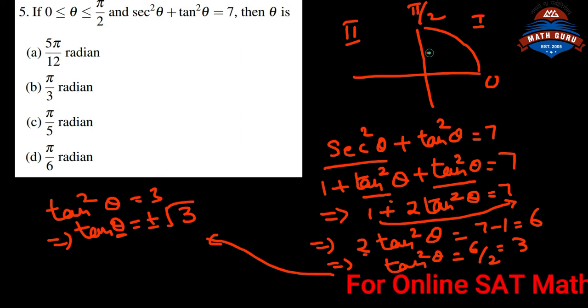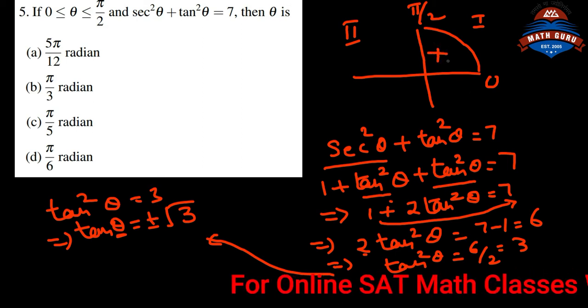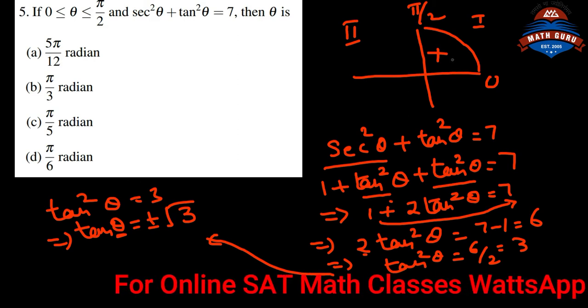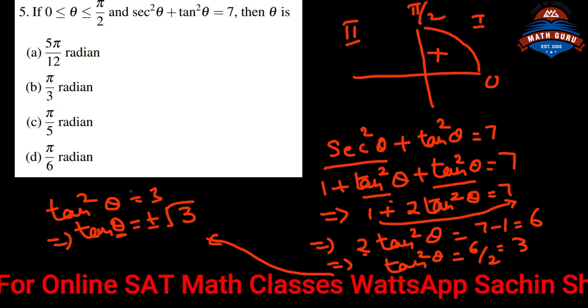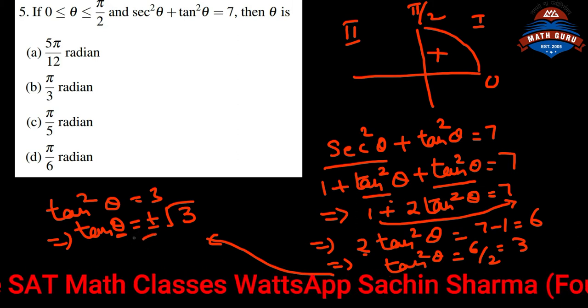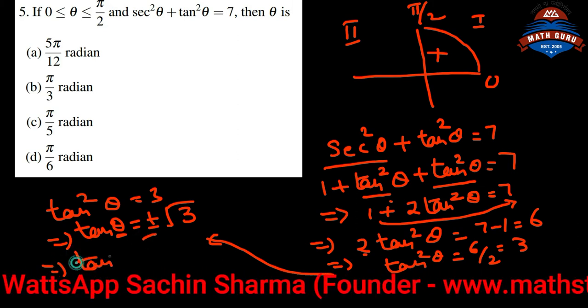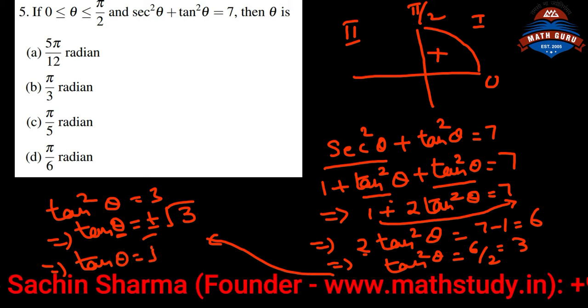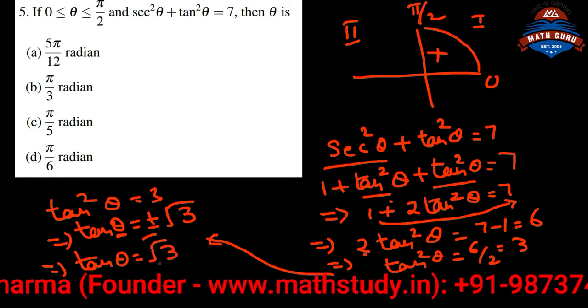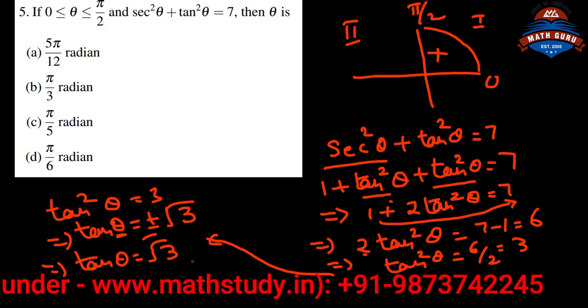So all the trigonometric functions are positive in the first quadrant, so we have to neglect the negative value here, and our tan theta will be equal to root 3. Tan theta is equal to root 3, and we know that the value of tan theta is root 3 at 60 degrees, right?